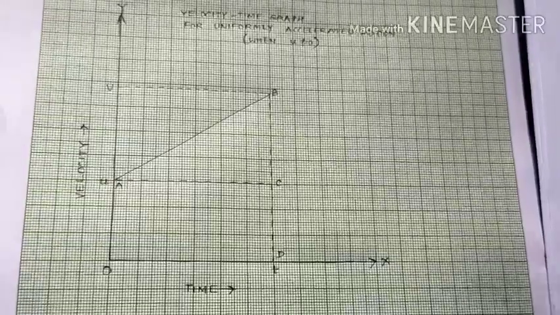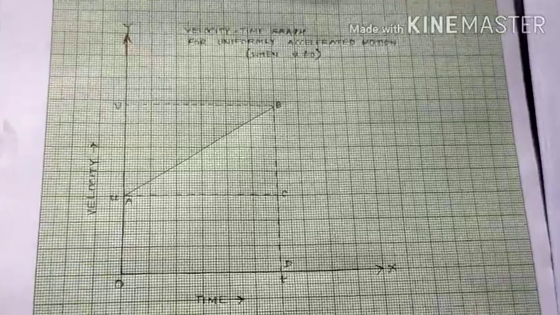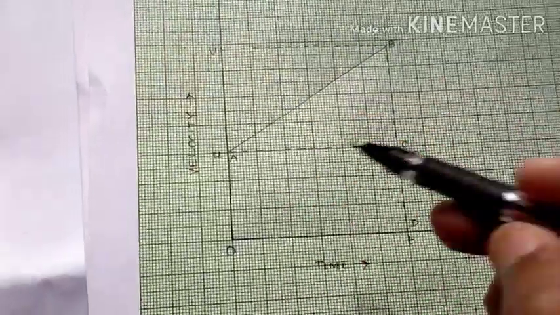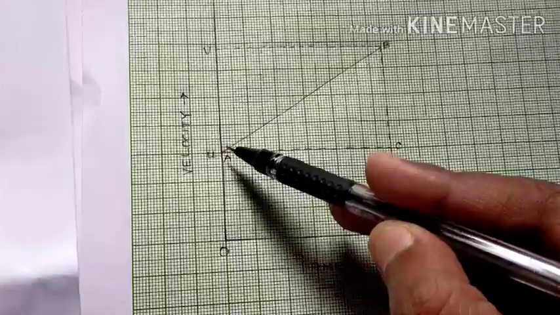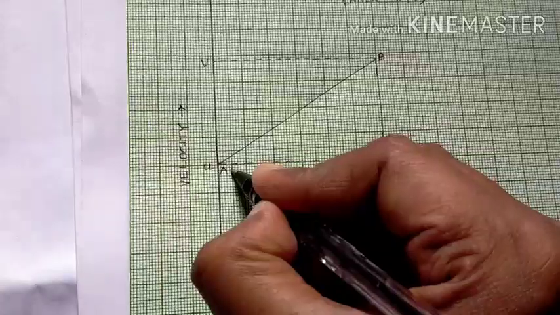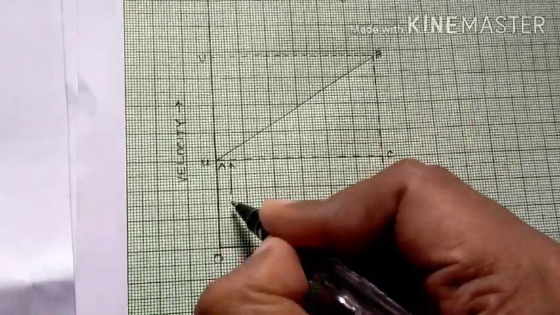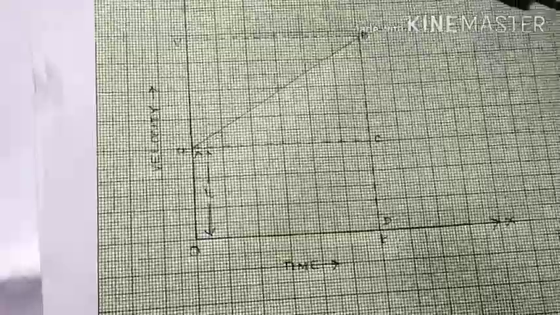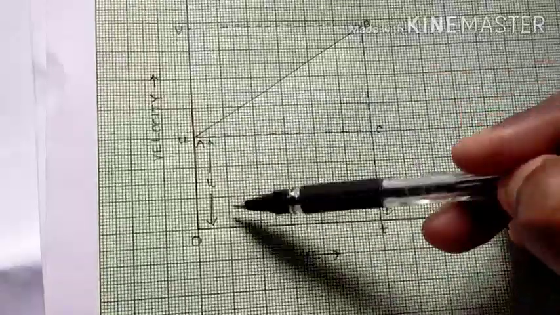Now let's point out a couple more pieces of information on this graph. Now as u is the initial velocity, OA should be equal to u.